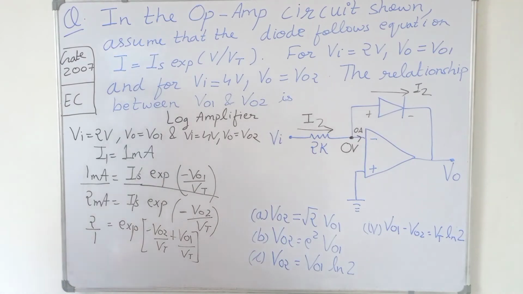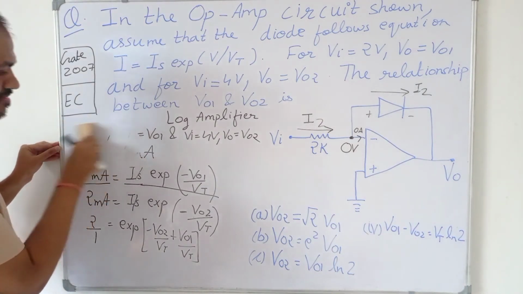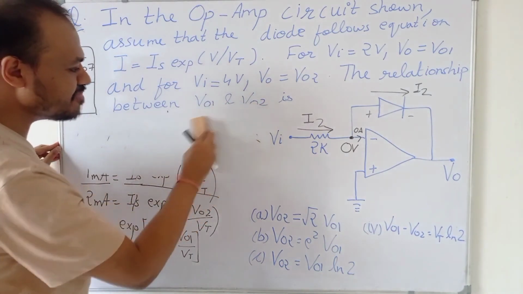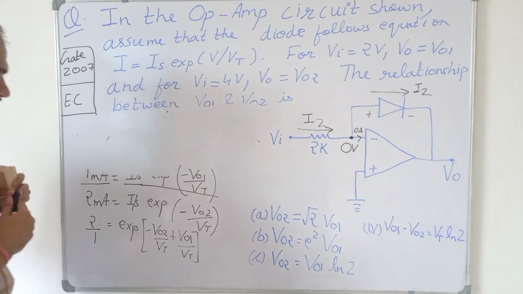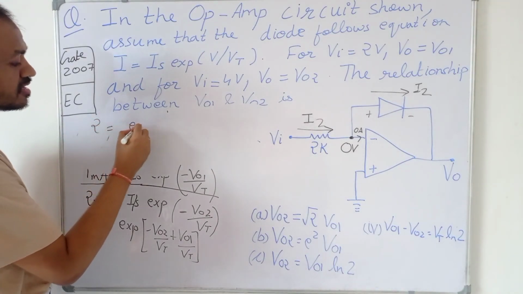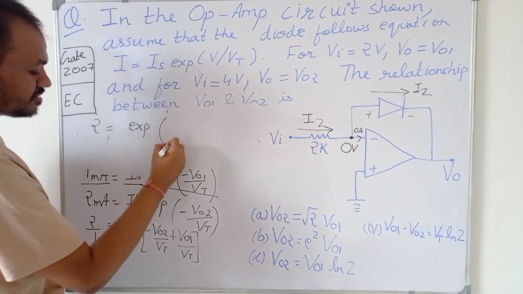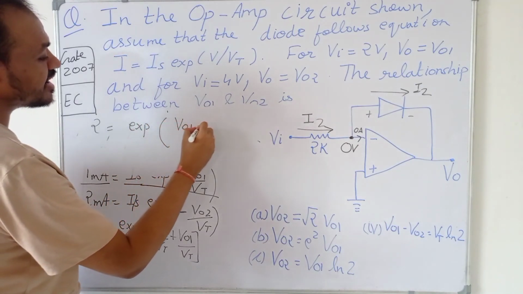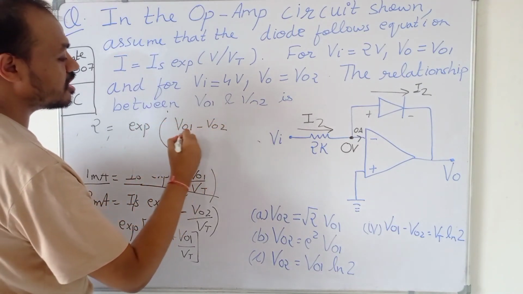This is our result, and we can simplify it. We get 2 equal to exponential of Vo1 minus Vo2 upon Vt.